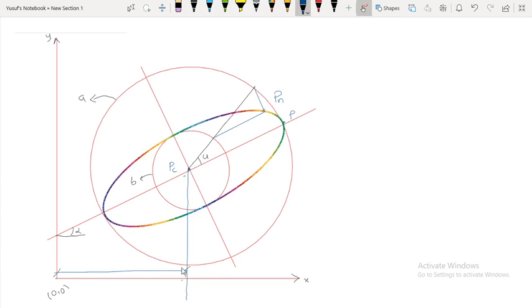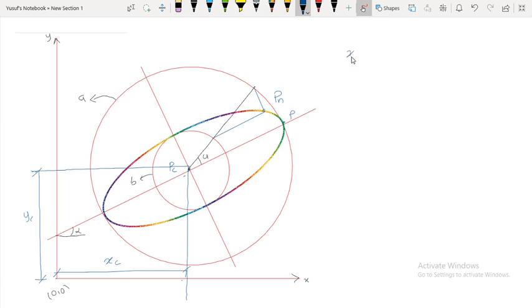The x component of the center point of the ellipse is known as xc. yc means its vertical component, the y component of the center point. If you draw this line, this vertical length is the y component of the center point of the ellipse. So this length is yc. So xc and yc are the components of the center point of the ellipse.